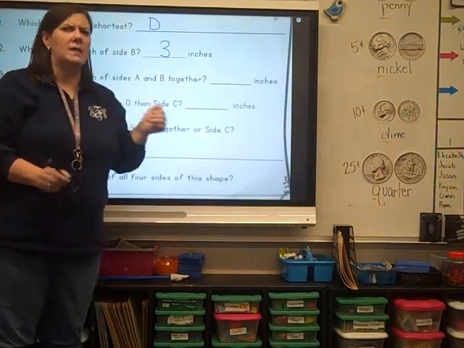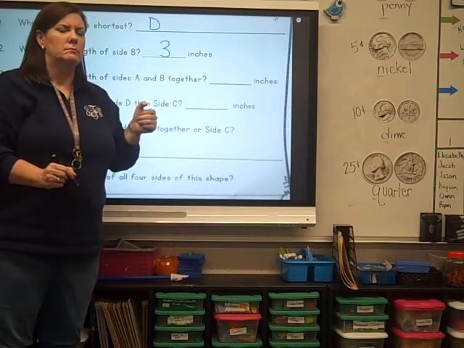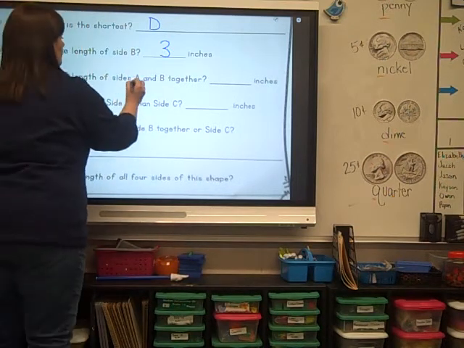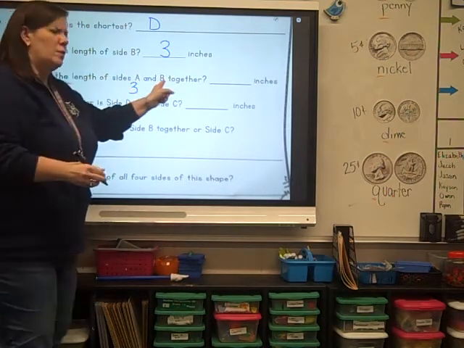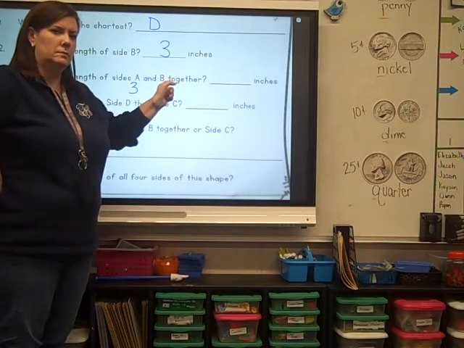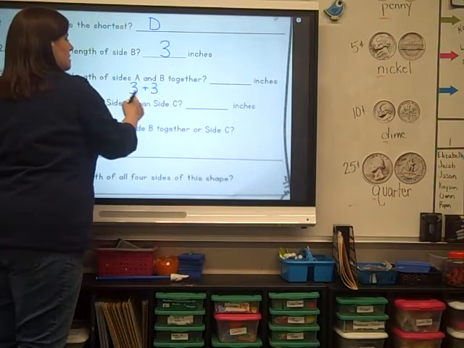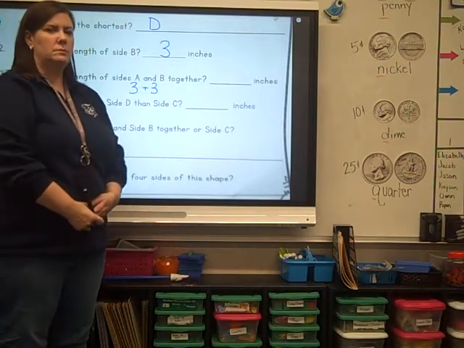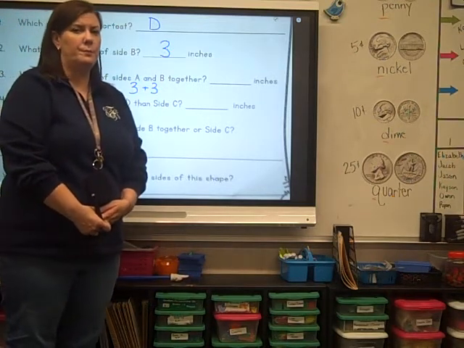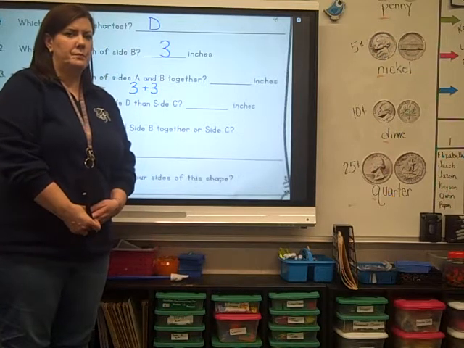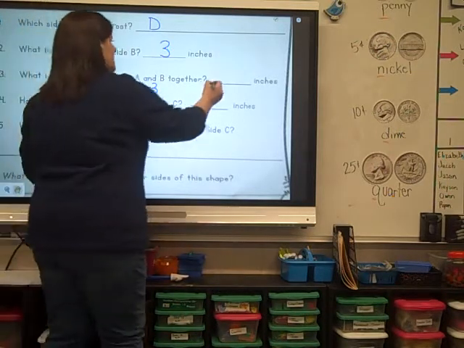So how long was A? Yeah, it was 3 inches. How long was B? B was 3 inches. So what's 3 plus 3? You should have your number line there if you don't know. 3 plus 3 is 6. Good job.